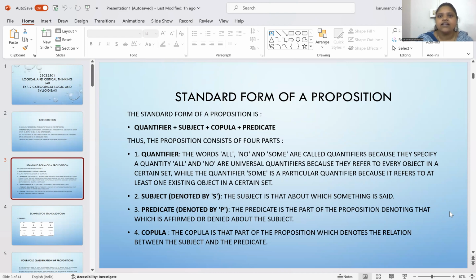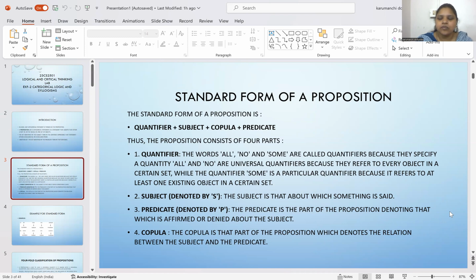All and no are universal quantifiers because they refer to every object in a certain set, while the quantifier some is a particular quantifier because it refers to at least one existing object in a certain set.